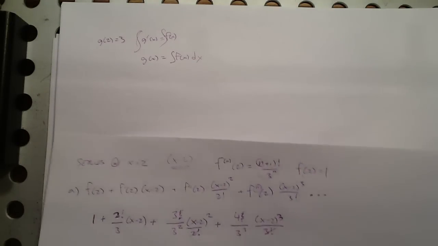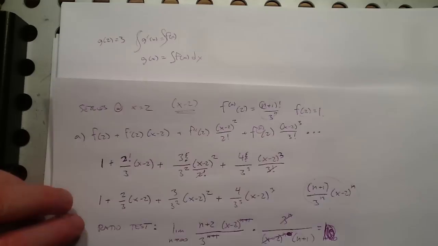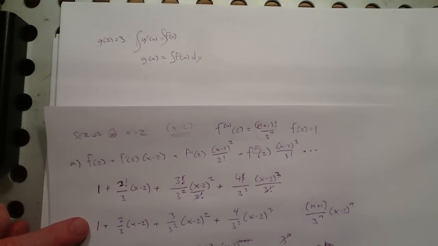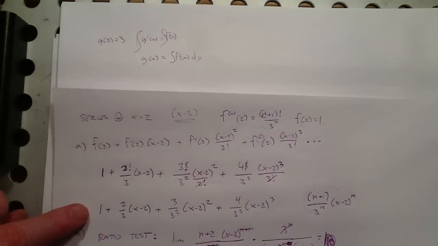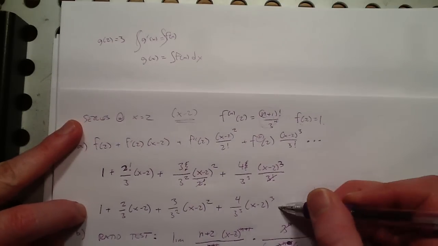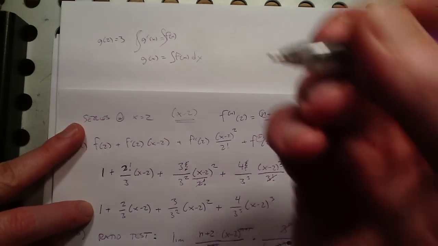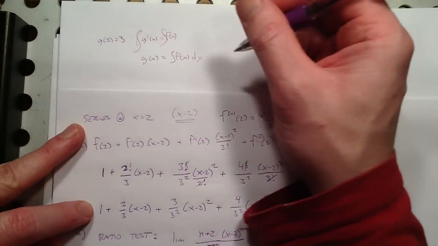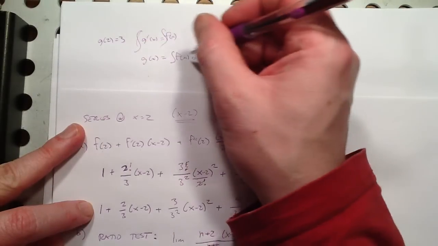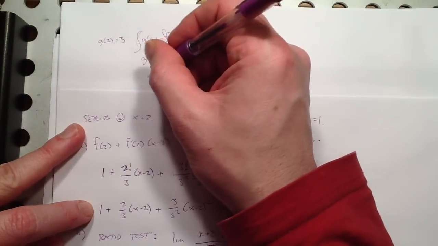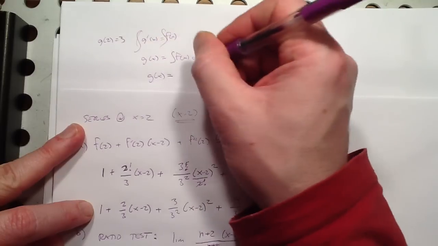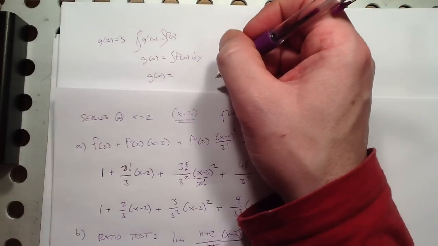Alright, where is that f of x series? Here it is. I think this is in its simplest form here, right? So let's find that antiderivative. So g of x is equal to the antiderivative of that. I'm going to leave a little space here in case there's a c, and there actually is a c, right?